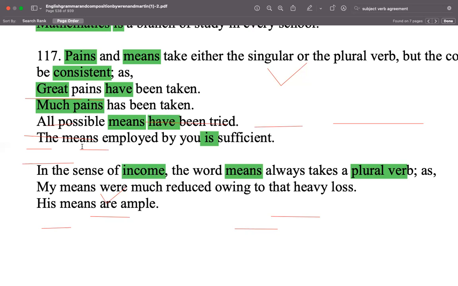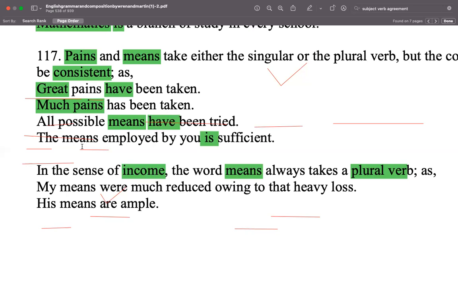Here pain is indicating a feeling or emotion. So you cannot determine pain as an individual element; as it is used in the sentence, you have to determine whether it is plural or singular, and on that basis you will use the verb as singular or plural.